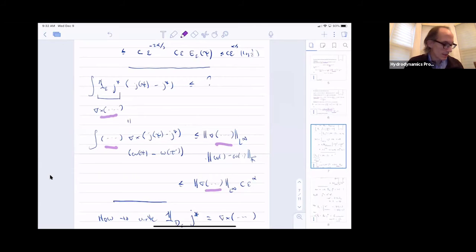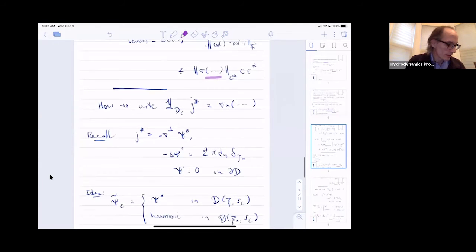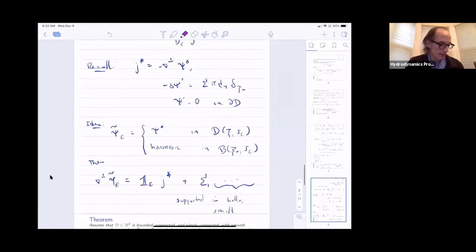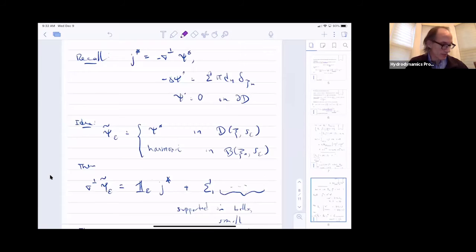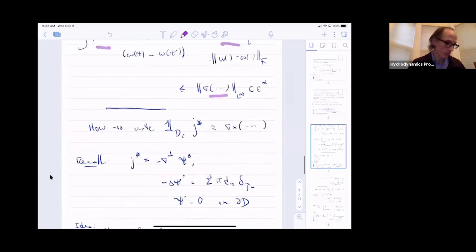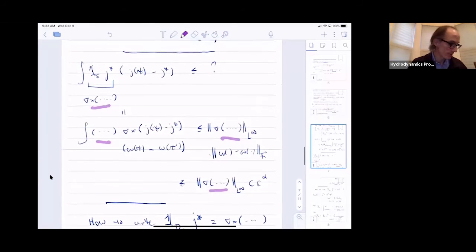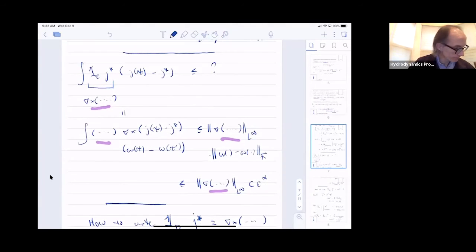Good. And so the task is just to get estimates on this piece, and then to verify that when you put in some error terms, the error terms don't destroy anything.